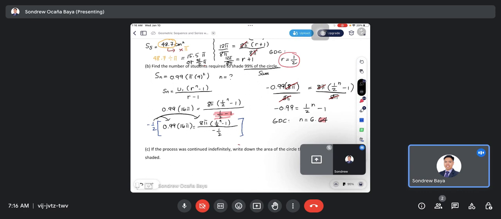So in other words, we can say to reach 99% shaded, 7 students are needed. We cannot use 6 because if it's 6, it would be less than 99%. And if it's 0.64, there's no such thing as 0.64 students. So that means it's 7 students.